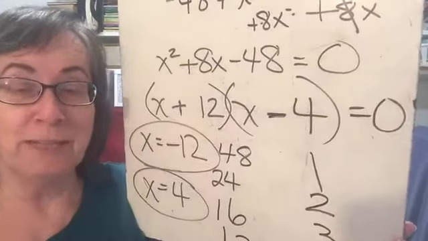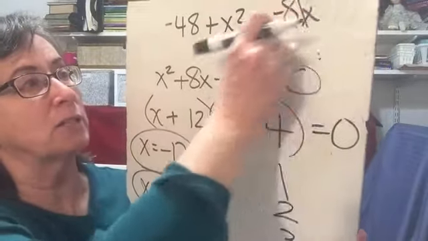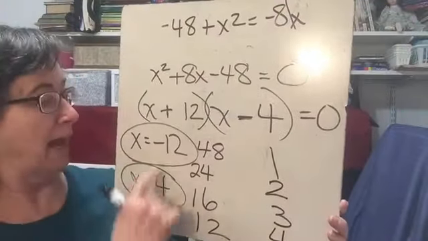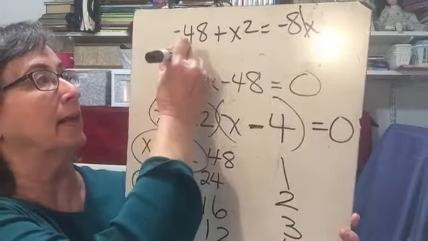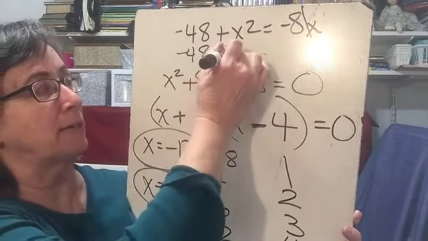Okay, so we're going to go back up here to the top and go back to our original equation. That was a negative 8x. And we're going to try a negative 12 first. So negative 48. And negative 12 times negative 12 is positive 144.